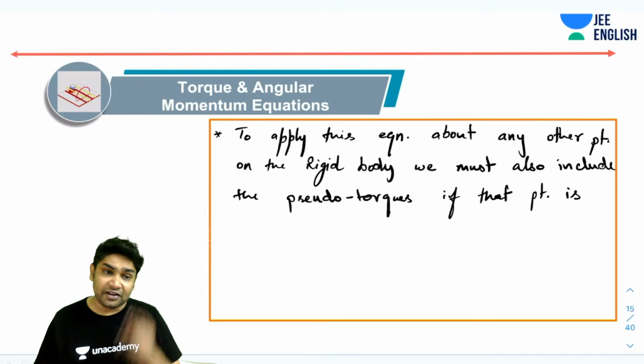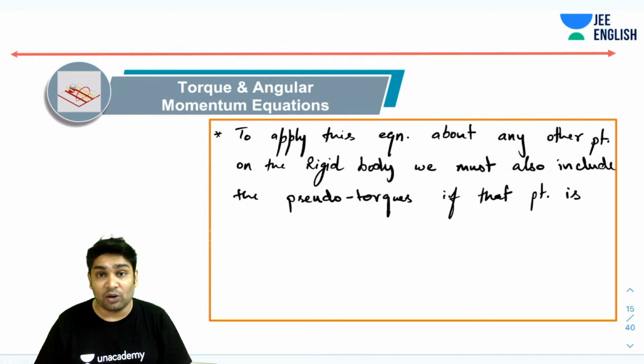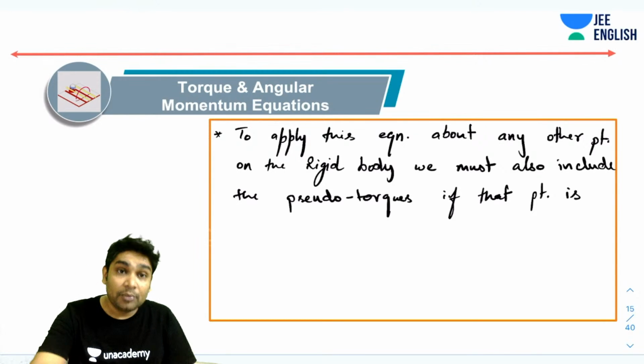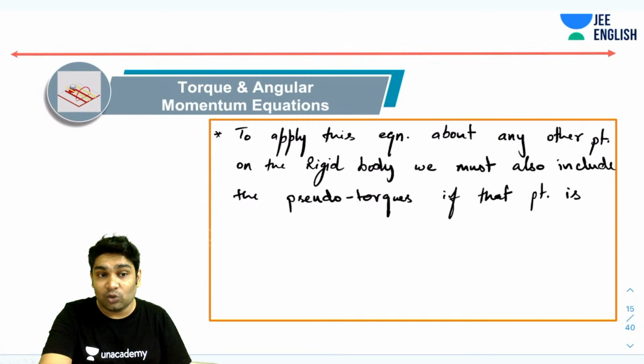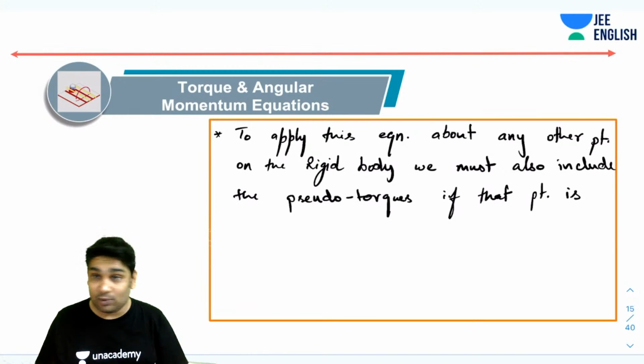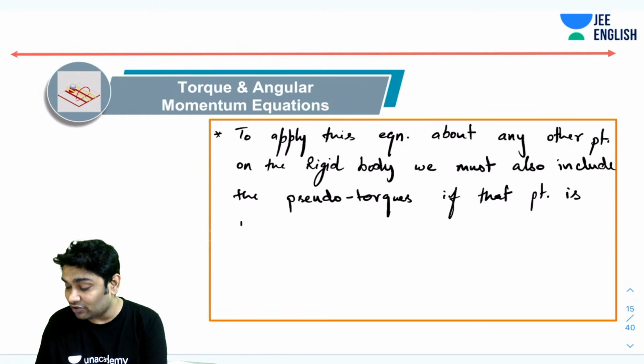So mostly, if your body is performing pure rotation, if you take any point which does not lie on the axis of rotation, it will be a non-inertial point. Why? Because of rotation, it will have one acceleration, which is definitely going to be the centripetal acceleration, right? So since it already has an acceleration, it will be a non-inertial point, which would be the case in most of your points.